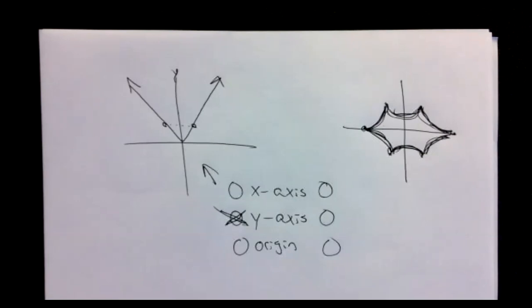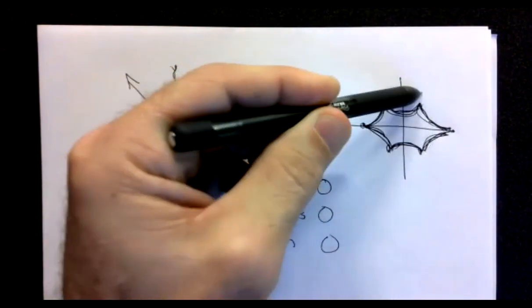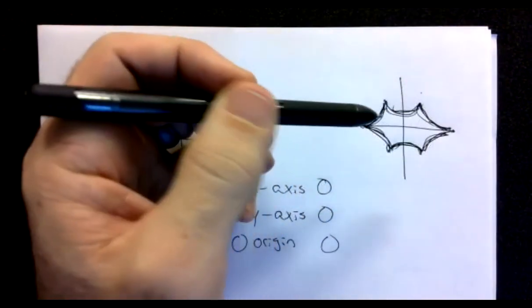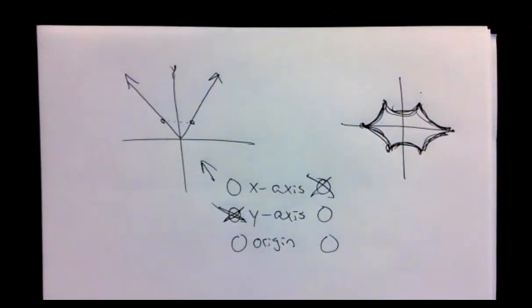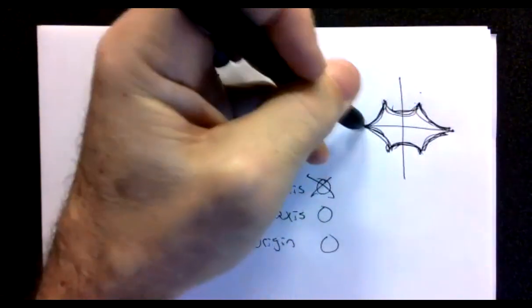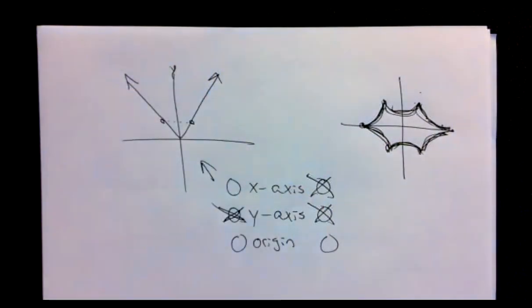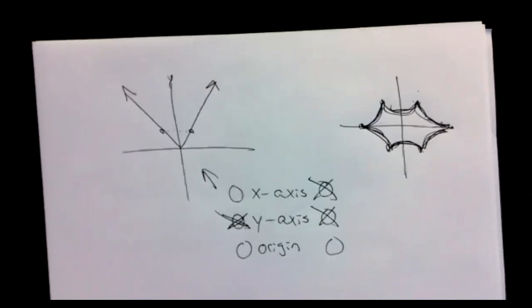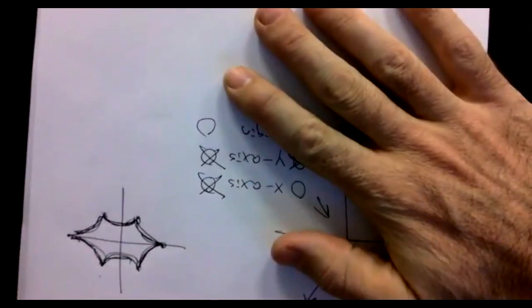So if we're looking at this particular function, can we flip it vertically over the x-axis and everything matches up? Yep. Can we flip it horizontally over the y and everything matches up? Yep. And if we take this and rotate it 180 degrees, do we still have the same picture?